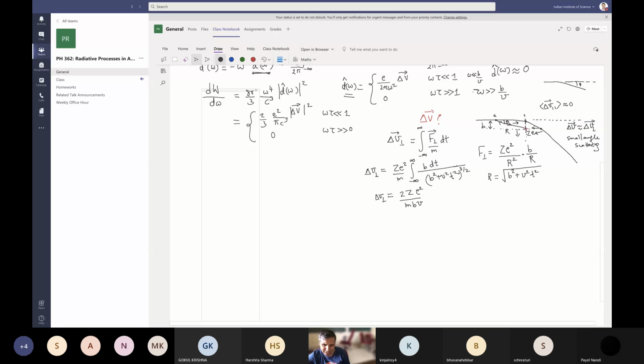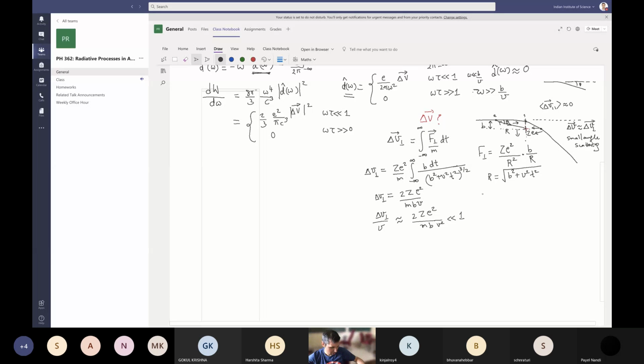Okay, so this integral is easy to do. So this is the change in velocity in the perpendicular direction. And what is delta V perp by V? And V is almost the V parallel. So that's like twice Z E squared by M V squared. And I'm assuming this to be much less than 1.